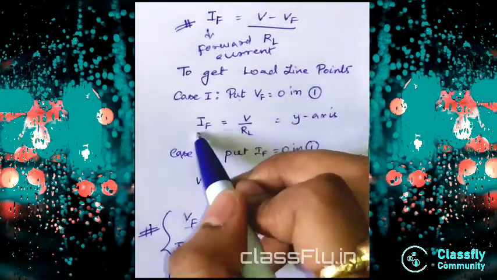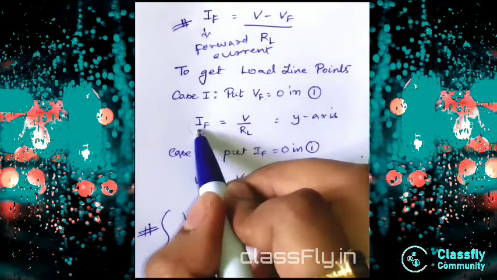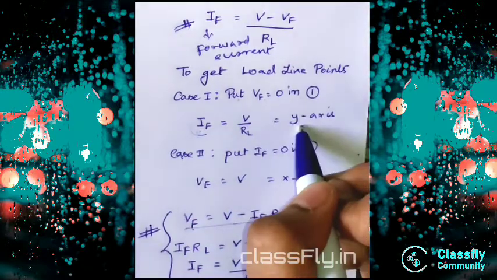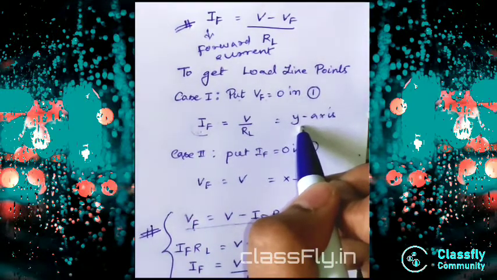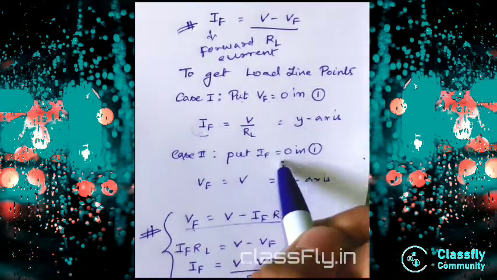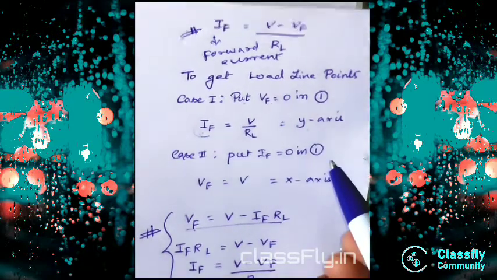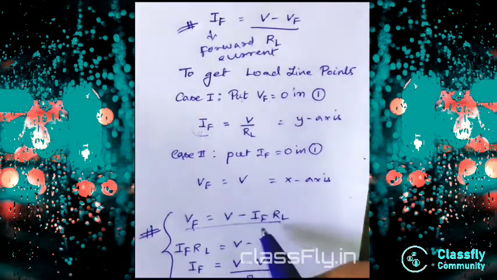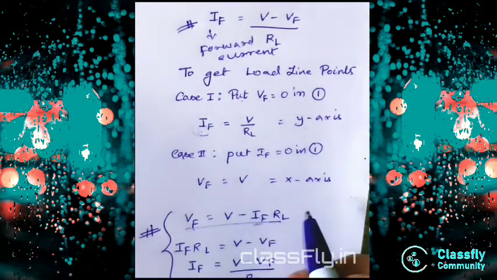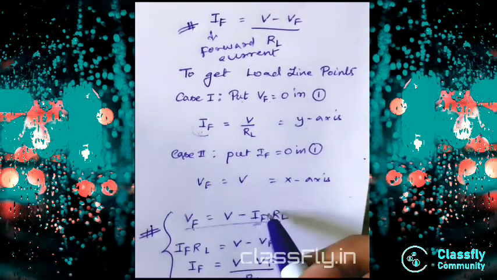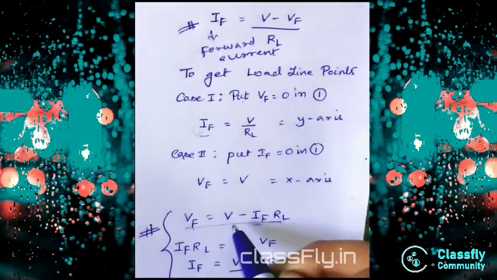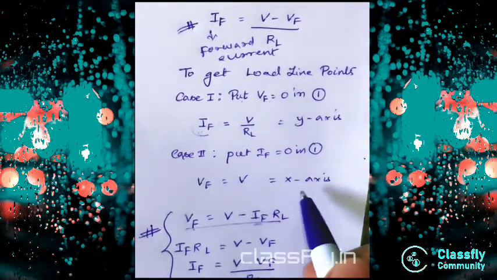That gives the IF value on the y-axis. Now if I put IF equal to 0, then VF is equal to V, which is on our x-axis.